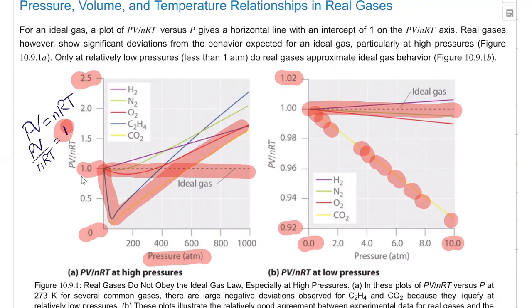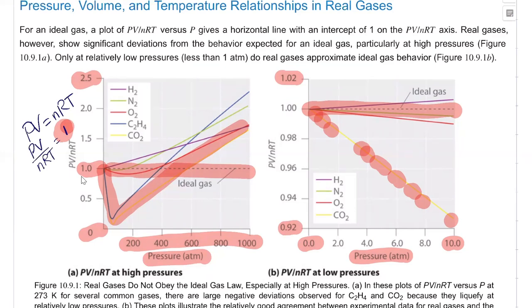Real gases, when they're at very high pressures, like we saw in the first graph, deviate from ideal behavior. Real gases show large deviation from ideal behavior when they're under very high pressure. But if the real gases are under low pressures, pressures at or close to standard pressure, then real gases behave pretty close to what an ideal gas predicted.